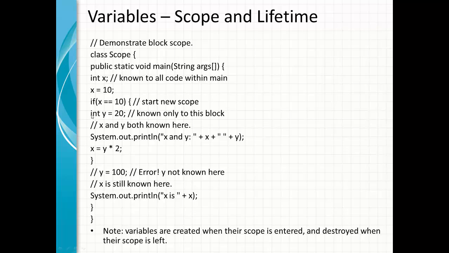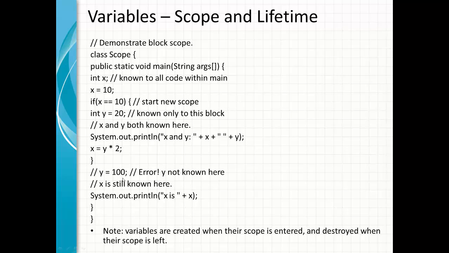I initialize X. We have not done the if condition so far, but for right now, just look at what I'm doing. I'm comparing: if X is equal to 10, then I'm starting a new scope and saying int Y is equal to 20, known only to this block, because this is another block I started. This value of Y is not visible outside. It will be visible only between the start and end over here.